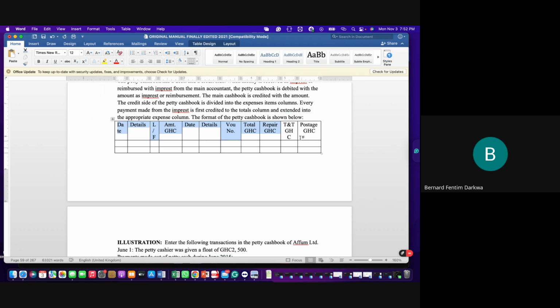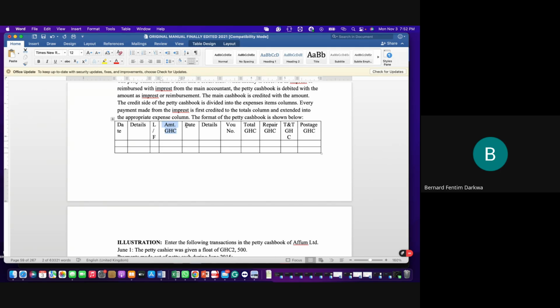The format for the petty cash book is quite different from the cash book. The cash book has both debit and credit, but for the petty cash, this is the format. You have your date, your details or particulars, then the ledger folio, then the amount.